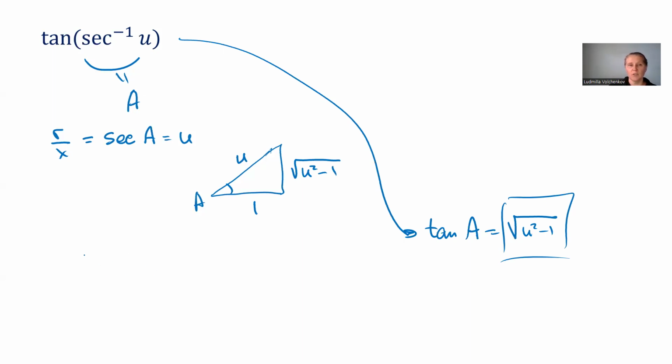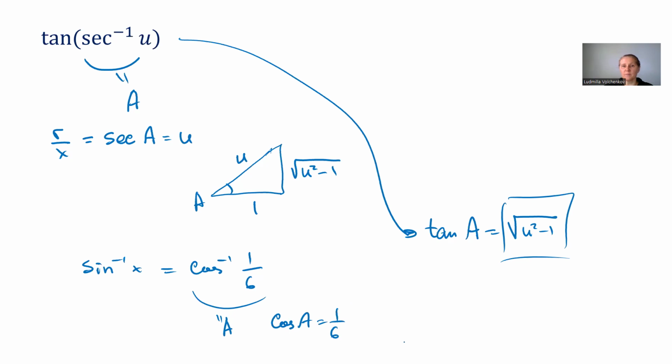And there will be a bonus question, something like sine inverse of x equals cosine inverse of, for example, 1/6. And we can do the same thing as we did in this problem. We can call this angle A. Using the definition, it must be the angle such that cosine A equals 1/6.